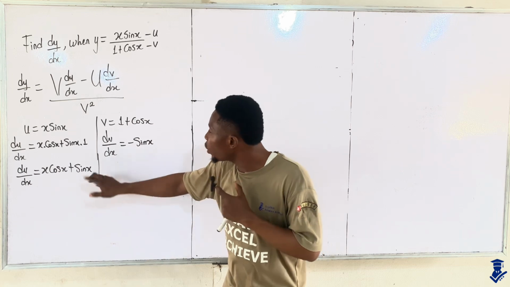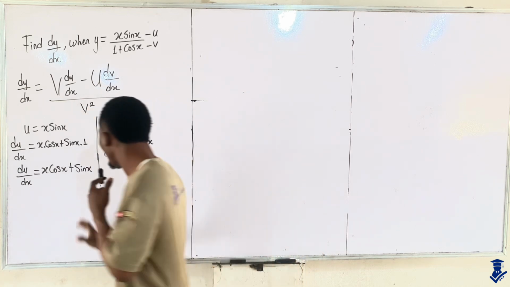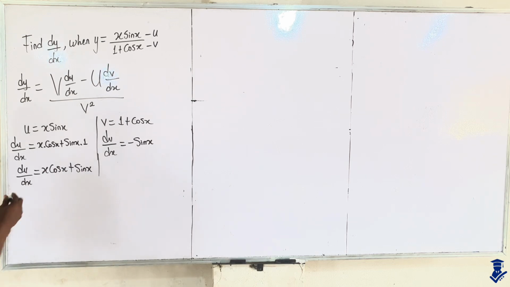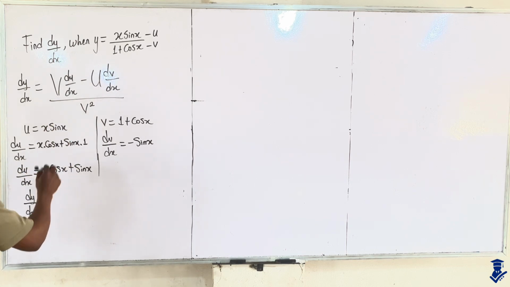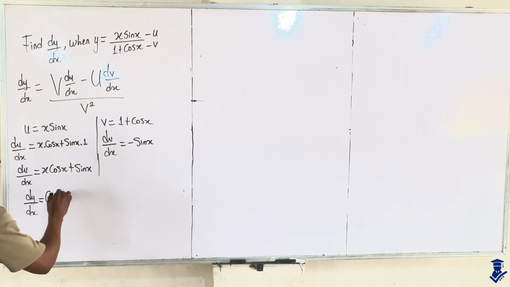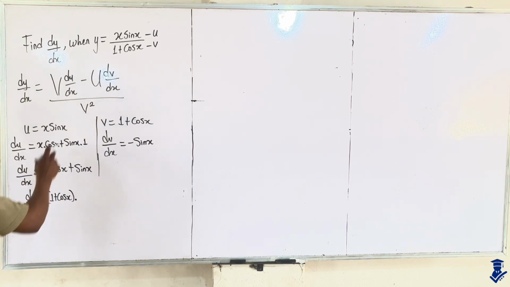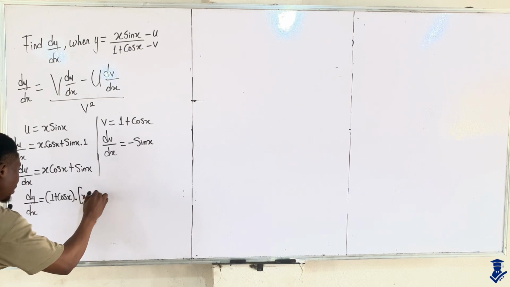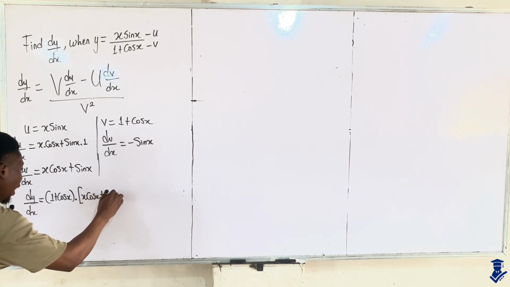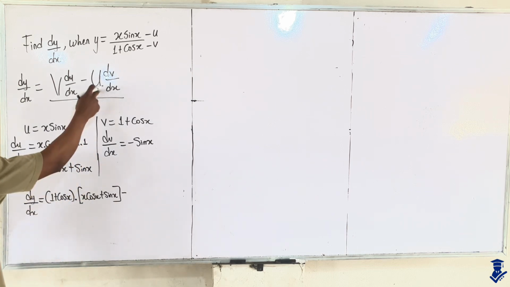So we're going to put all of this that we have here into this formula. What are we going to have? dy/dx is going to be equal to v du/dx. Our v is 1 plus cos x, multiplied by our du/dx, which is x cos x plus sin x, minus u dv/dx.